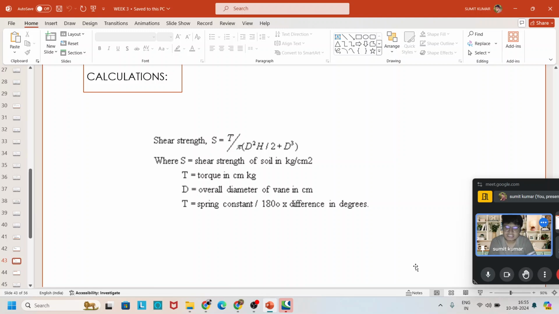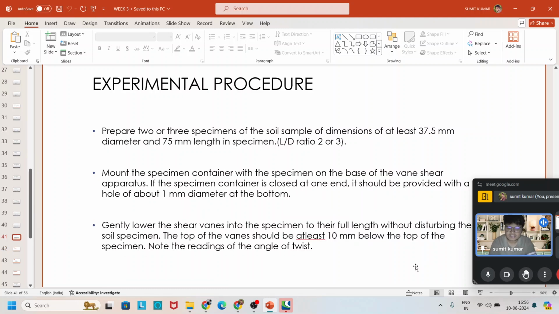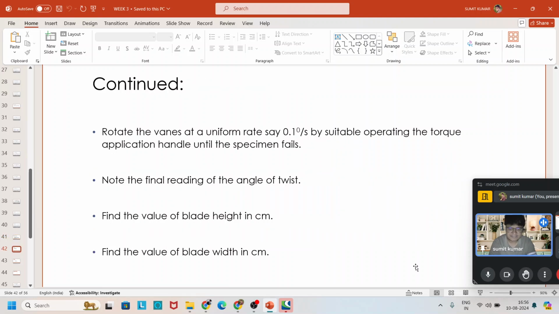Over here, the shear strength is found, that is S, and T is the torque in kg cm, and D is the overall diameter in cm, which we calculated as the width. T is the spring constant into 180 into the difference in degrees, as we have measured in our steps: the final reading of the twist, the second point over here, and first of all the initial reading in the last section.